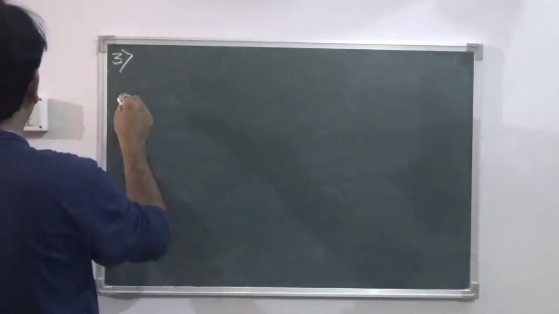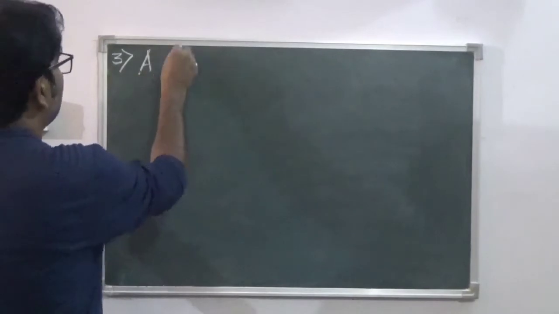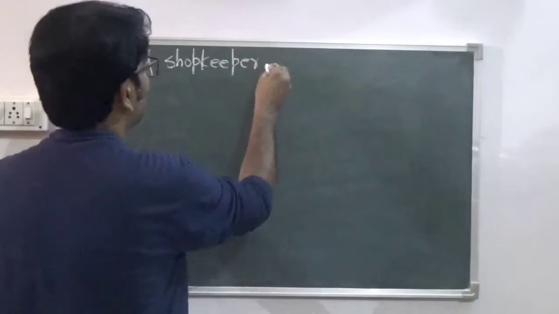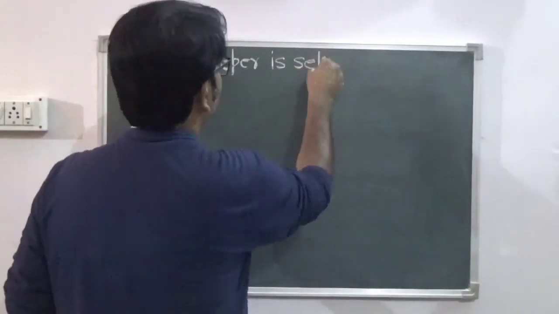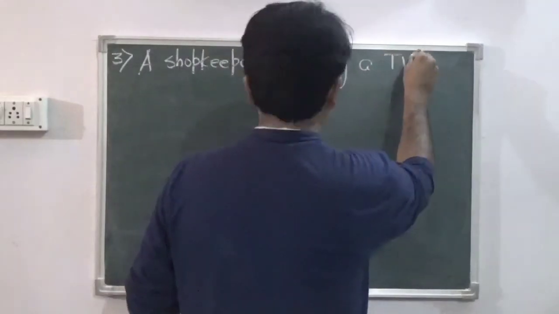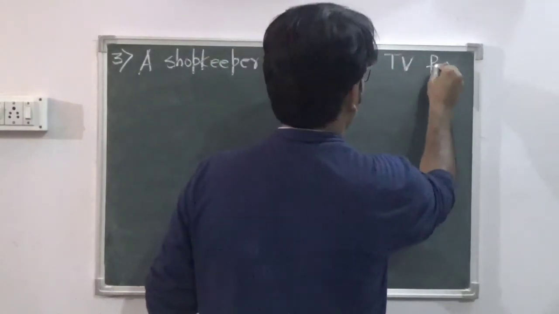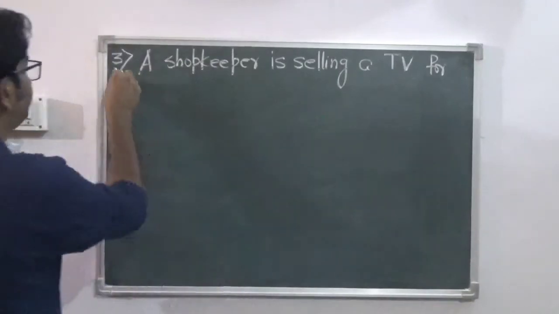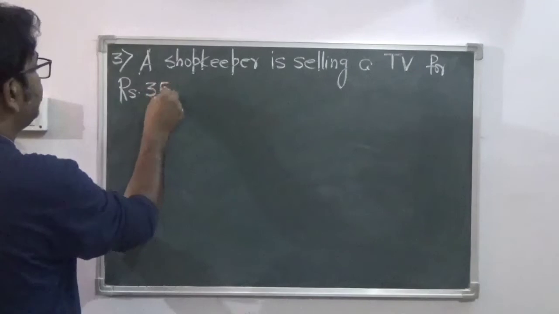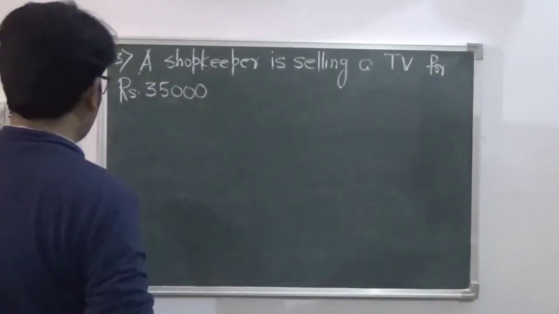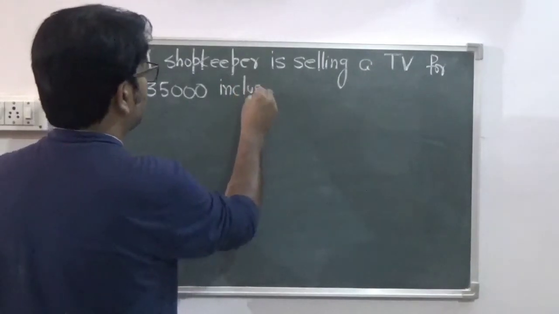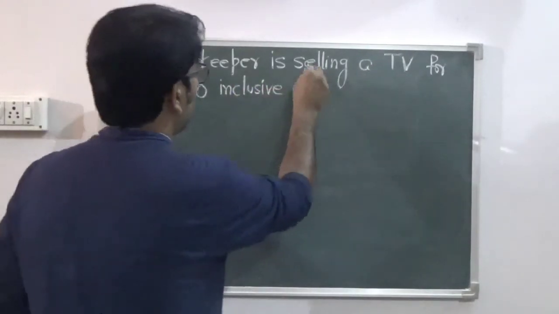A shopkeeper is selling a TV for rupees 35,000 inclusive of GST.